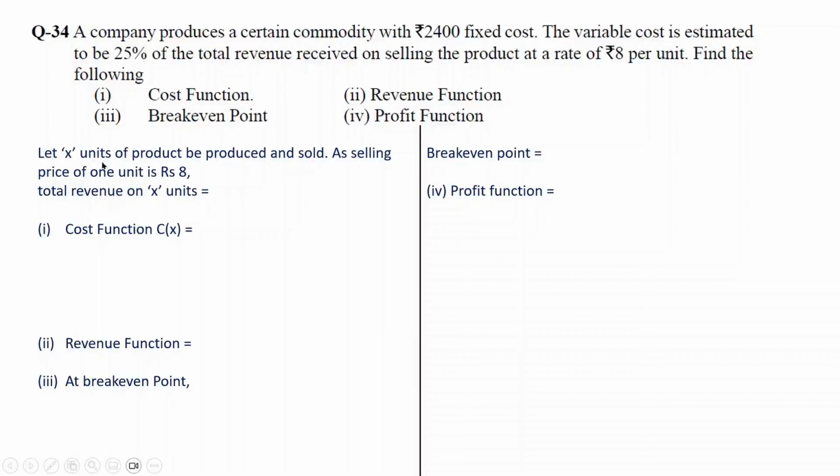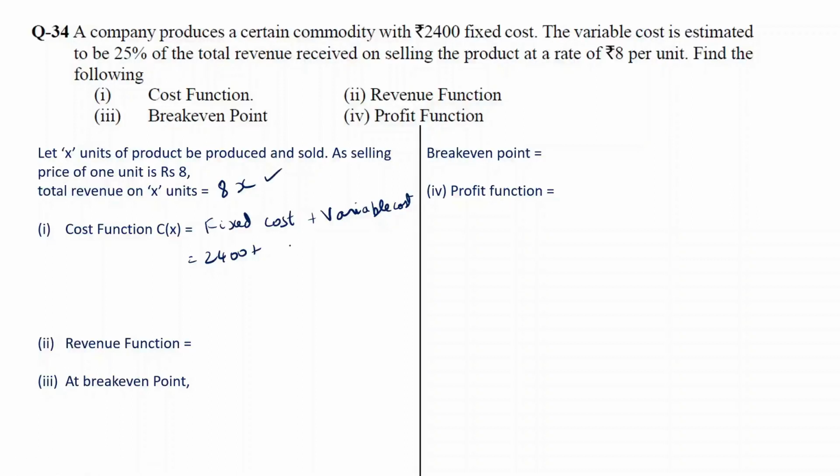So let us take, let x units of the product be produced and sold. As selling price of 1 unit is rupees 8, total revenue on x units will be 8 into x. First we have the cost function. The cost function is given by sum of fixed cost and variable cost. So it is fixed cost plus variable cost. Fixed cost is given as 2400 plus variable cost is given as 25% of total revenue.